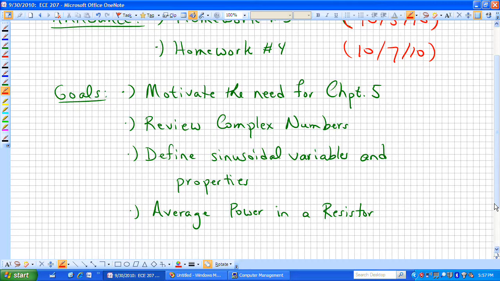We'll be playing a lot with complex numbers now in sinusoidal steady state analysis, and because of that I want to provide a little bit of a review of complex numbers. Hopefully it is a review for you. If it's not, then you may want to spend some time trying to get back up to speed or learning complex numbers a little bit better than what you have in the past.